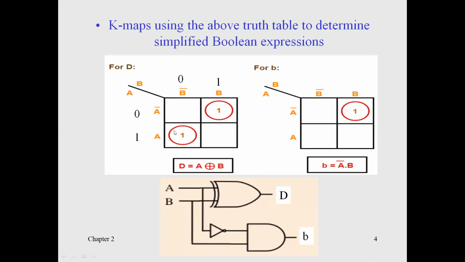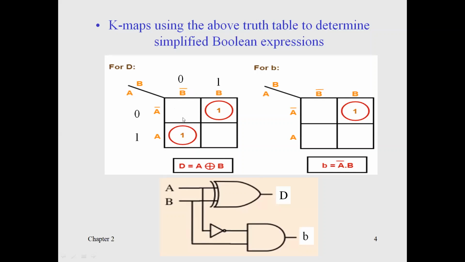So when we see it is not making any pair over here, so we have to go for it individually. So it produces D. For this one, it is nothing but A bar B, and for this one it is A B bar.